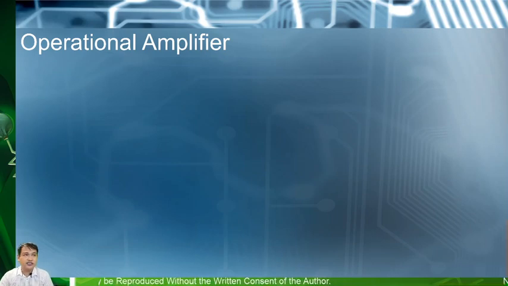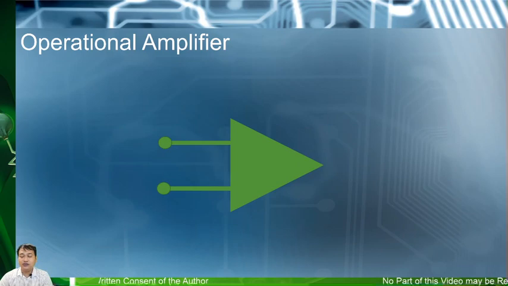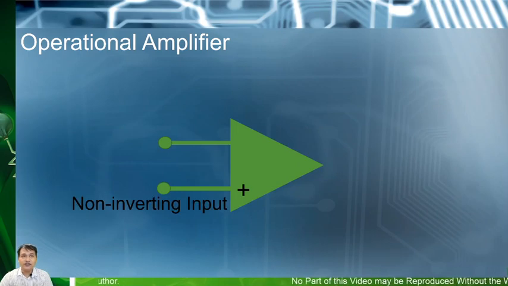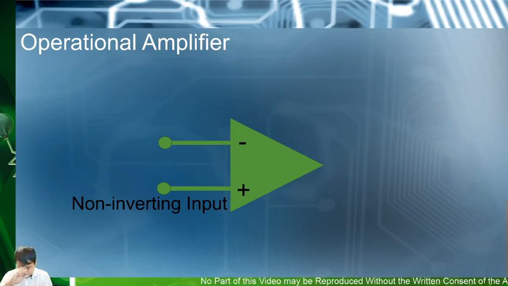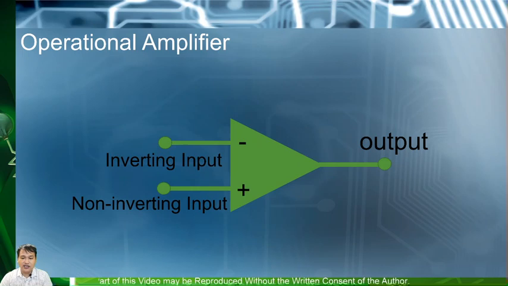The electronic symbol for an operational amplifier is a triangle that has two input terminals. The positive, which is the non-inverting input, and the negative, which is the inverting input, and it has an output terminal.